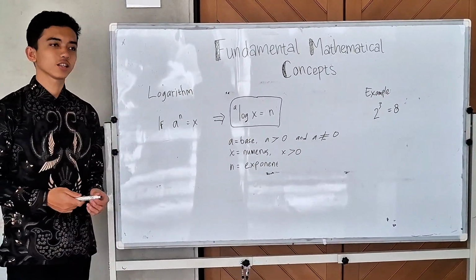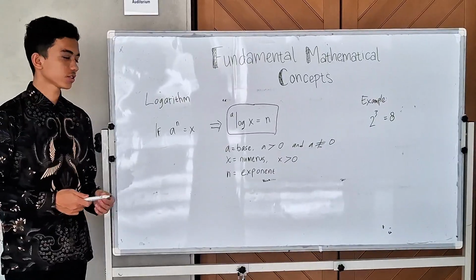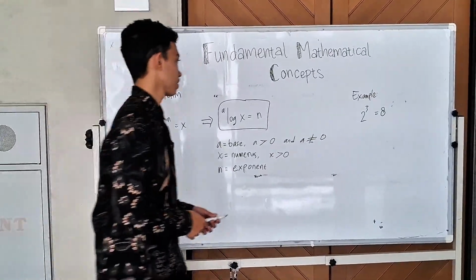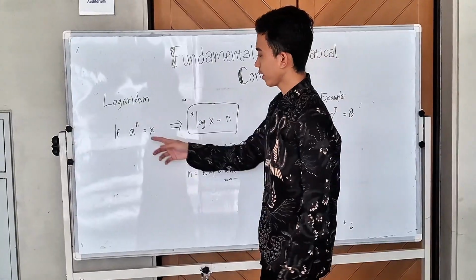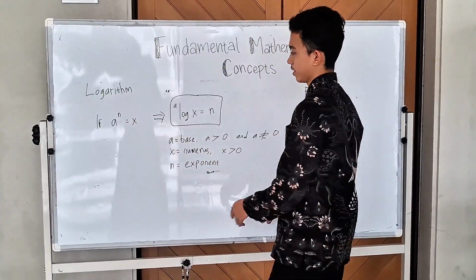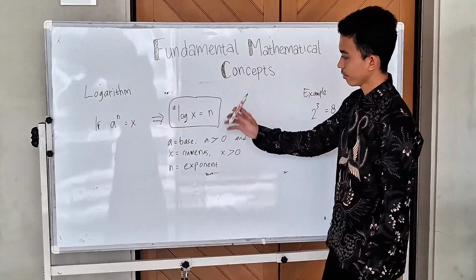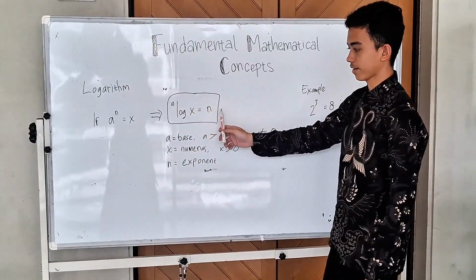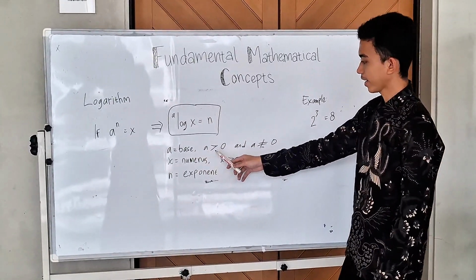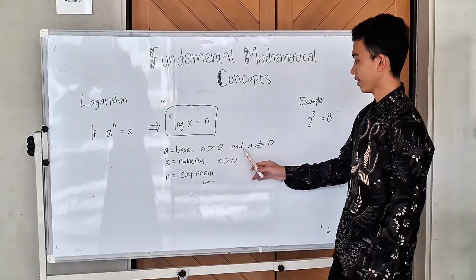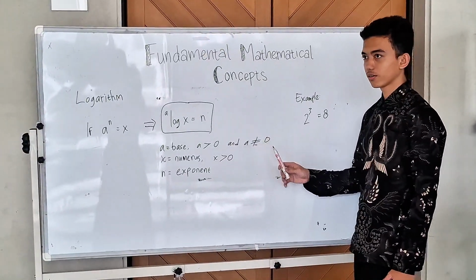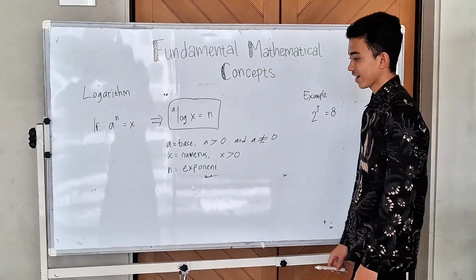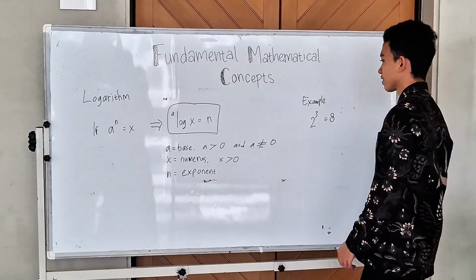What is logarithm? Logarithm is the inverse of an exponent, which is used to determine the power of a base number. We know in exponent, a to the power n equals x. In logarithms, we call it log base a of x is n. A for base, with a greater than 0 and a not equal to 1, x for numerals with x greater than 0, and n for exponent.